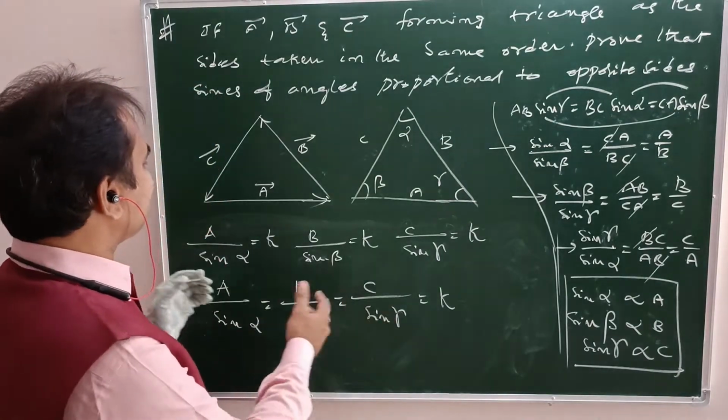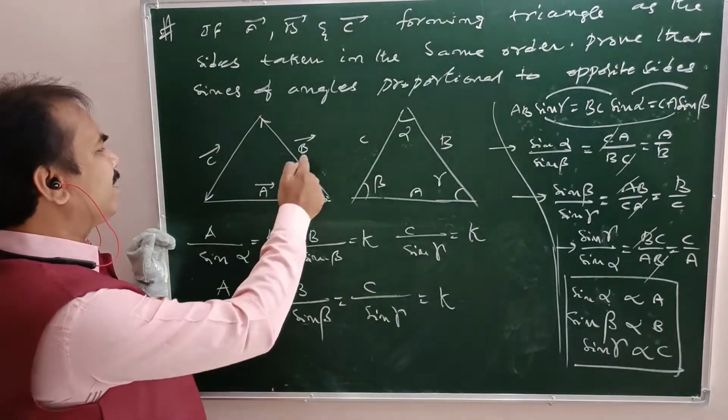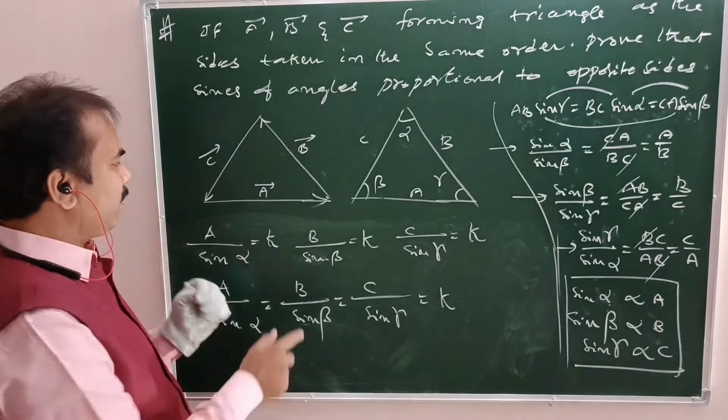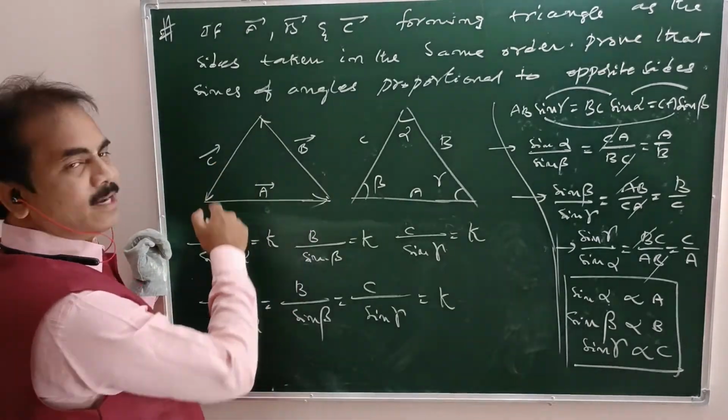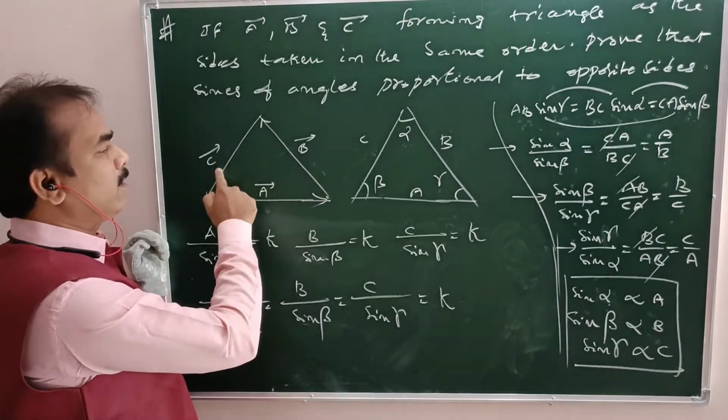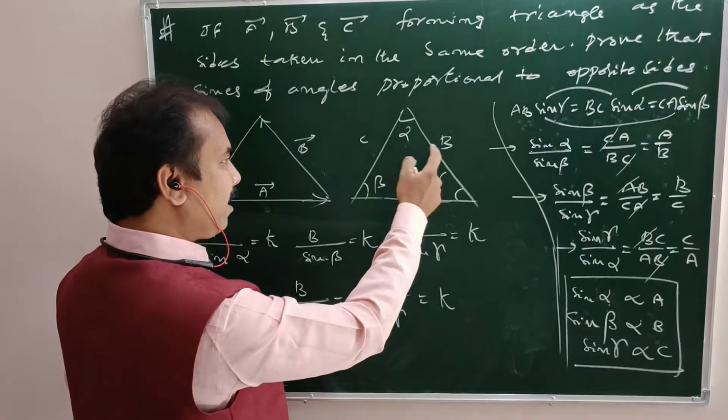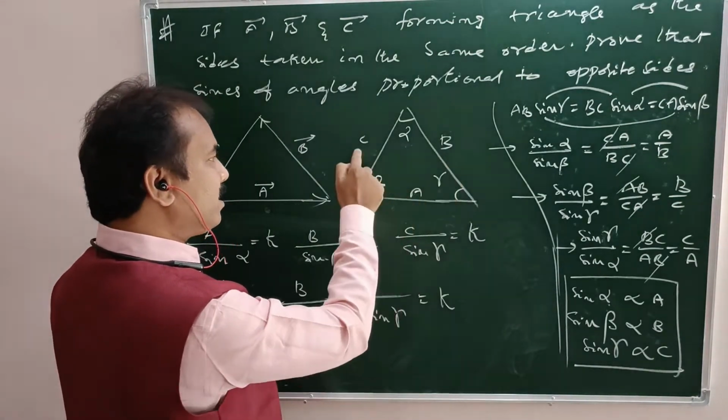So in terms of forces, suppose all the three vectors are forces. As an example, F1 bar, F2 bar, F3 bar, with alpha opposite to F1 bar, beta opposite to F2 bar, gamma opposite to F3 bar.